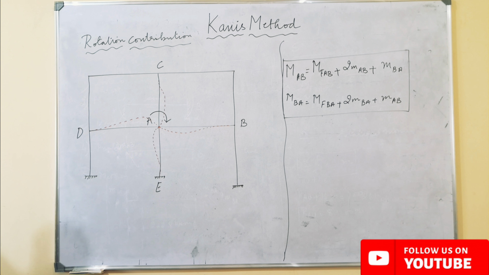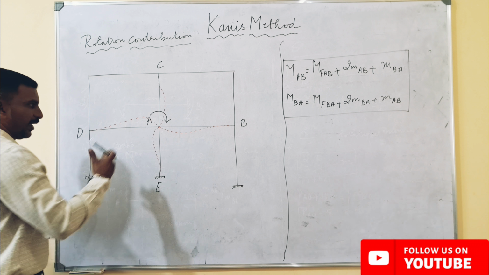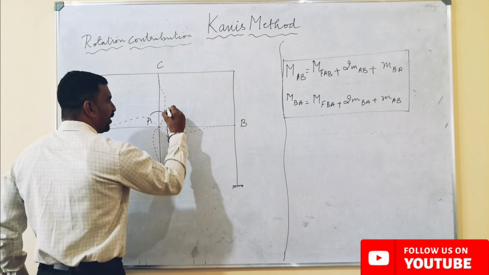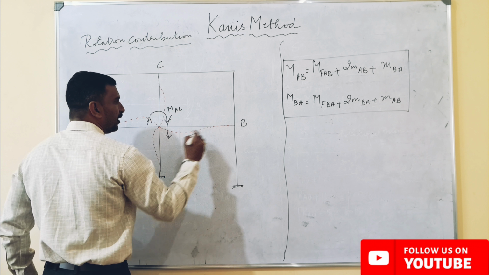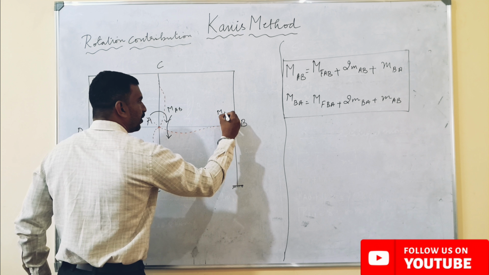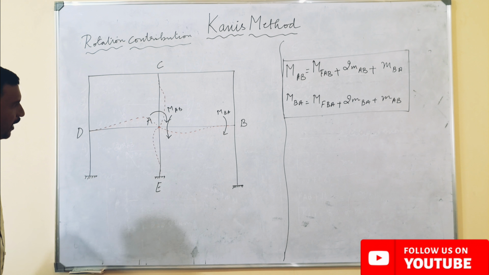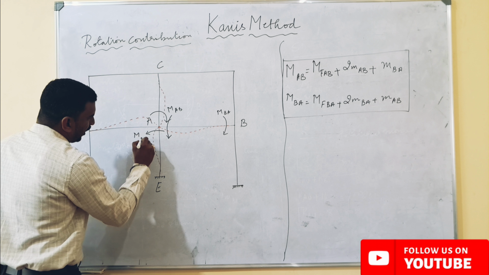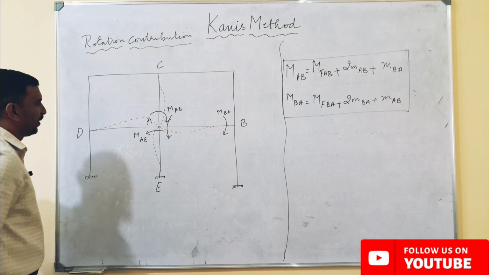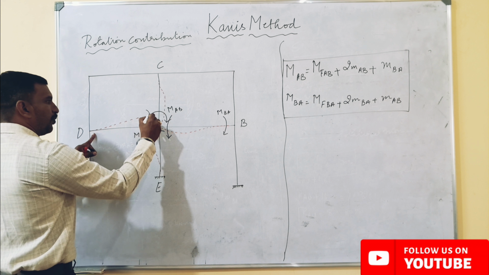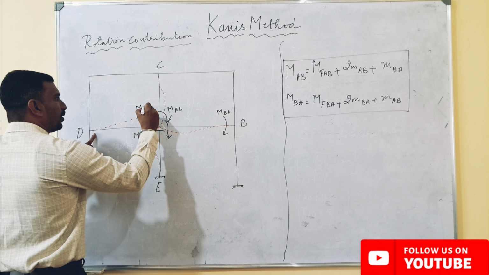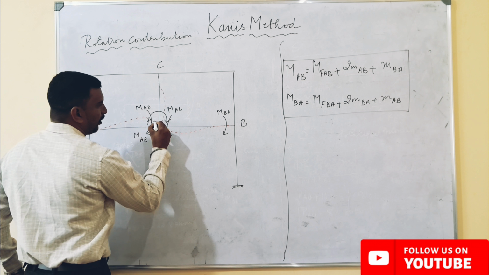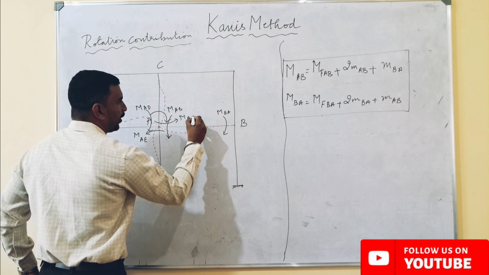Now, as there is a unit rotation about joint A, there is development of end moments: moment about A to B for this span, and here moment about B to A. Similarly, there is development of end moments here, that is moment about A to E, moment about A to D, and for the span A to C, moment about A to C.